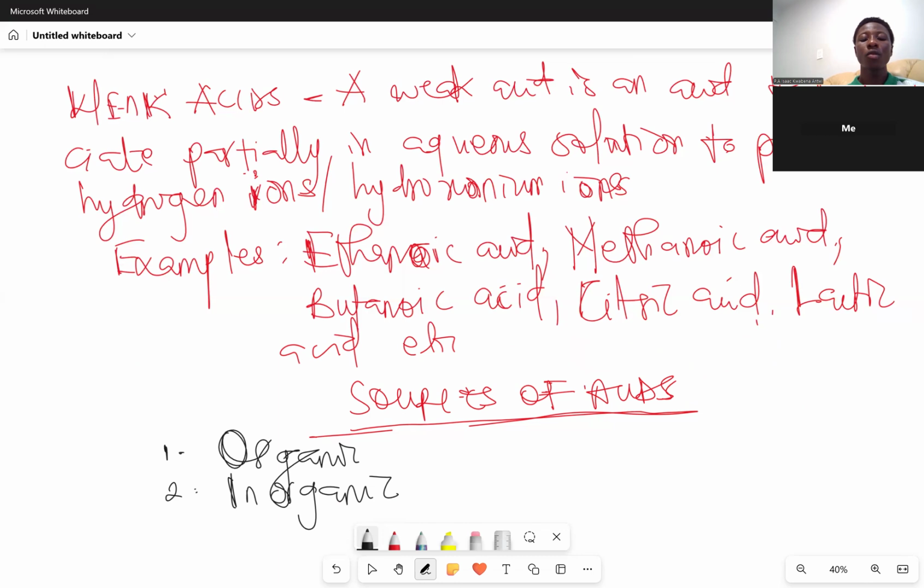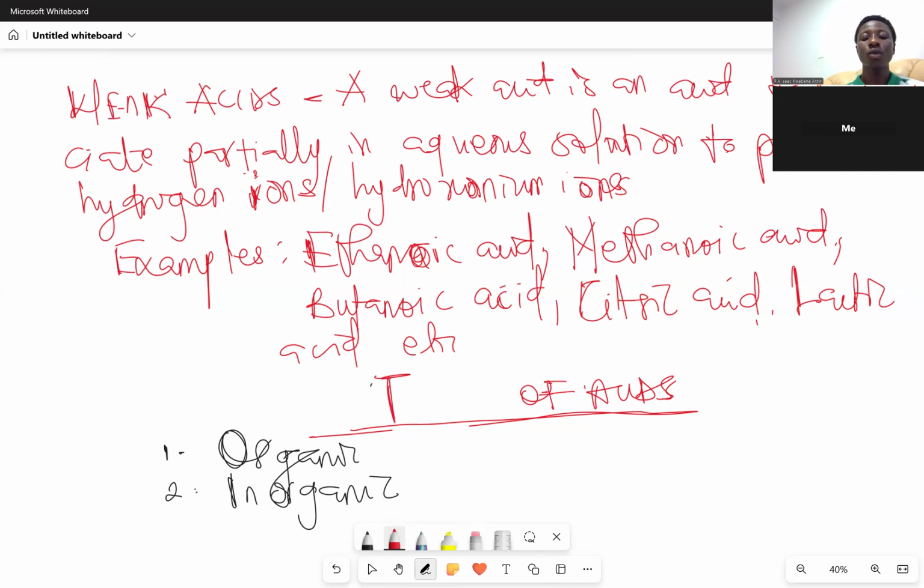Or let's say sources or types of acids. I'm choosing my words right. Let me use the word types.